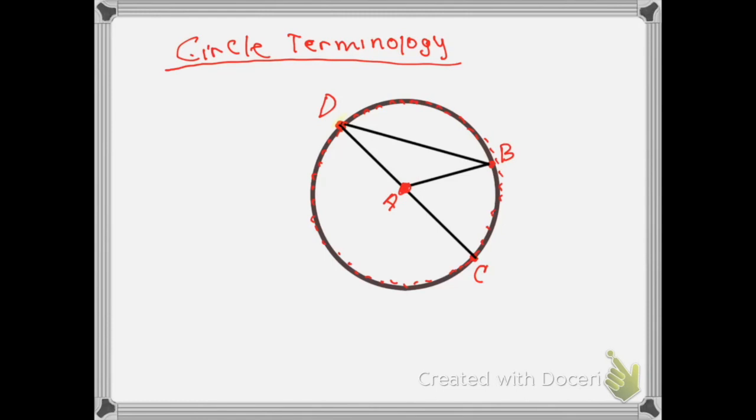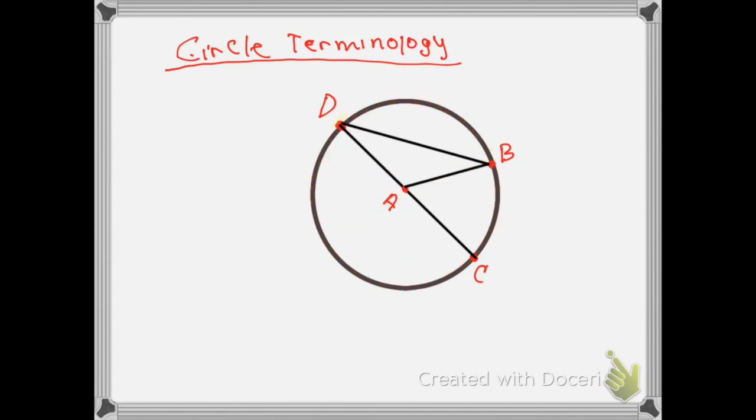If I do this distance, that distance is the same as this distance, is the same as this distance. All of these are going to be radii, okay? That's all a circle is. It's a collection of points that are the same distance away from the center.